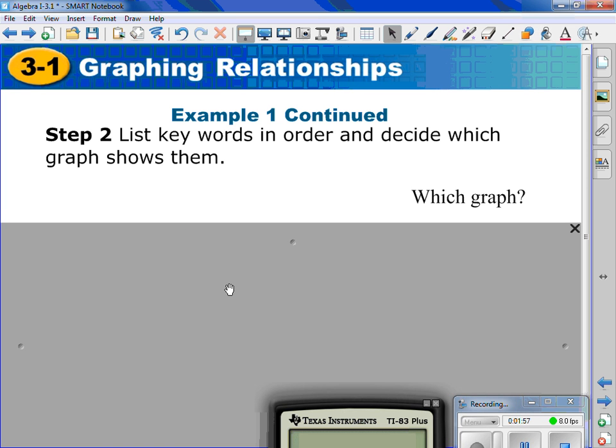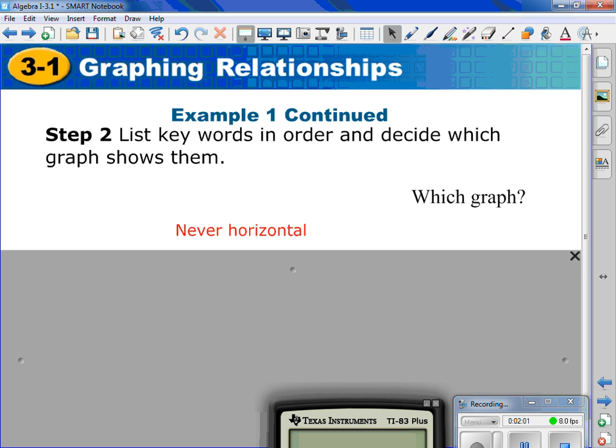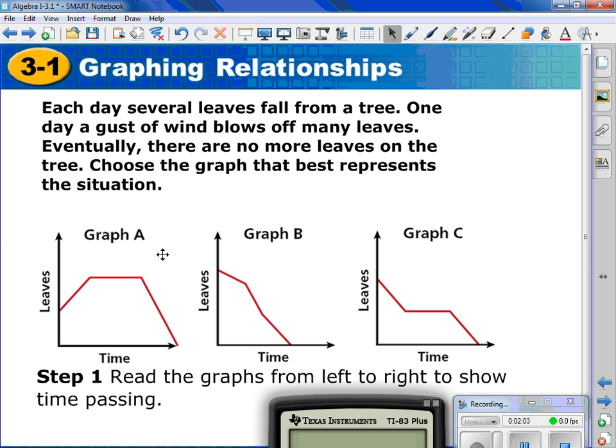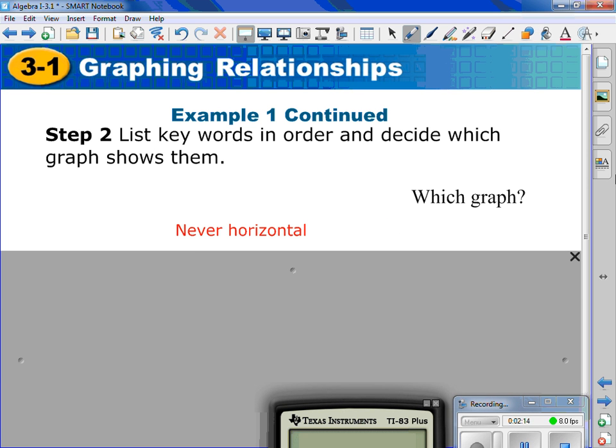Horizontal means the leaves stay on the tree. Leaves are falling off the tree, right? So which one never has a horizontal piece? B. B never has a horizontal piece.